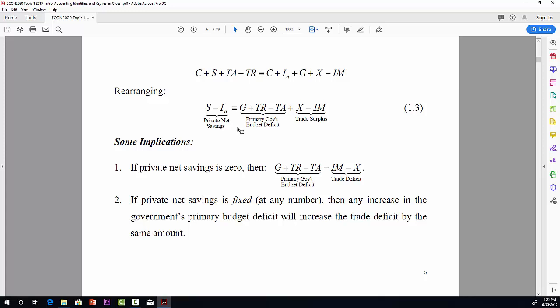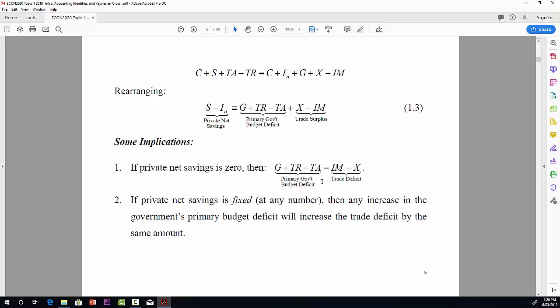Then that must mean that the primary government budget deficit is equal to minus the trade surplus, which is also known as the trade deficit. So this is saying that if private net savings is zero, then the trade deficit will be equal to the primary government budget deficit.